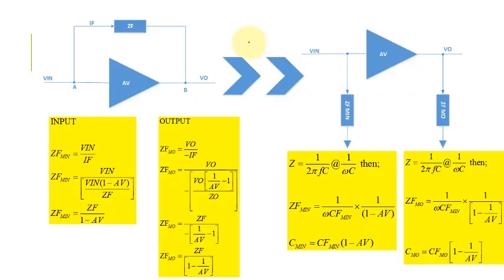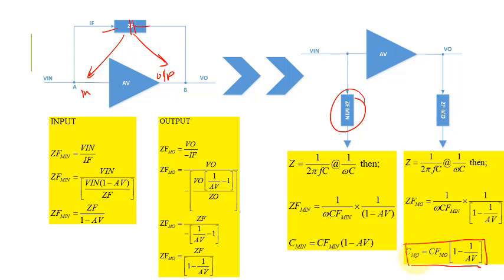This one, so we have the capacitor here, then we convert it to the input and to the output like this. So it becomes ZF Miller in, ZF Miller out. Then we can determine capacitor C Miller out and capacitor C Miller in. In our case, CF in is equal to, if I'm not wrong, C gate to drain, CGD.